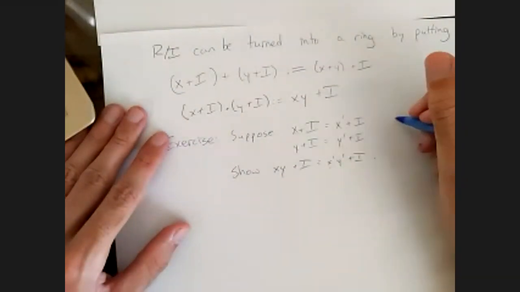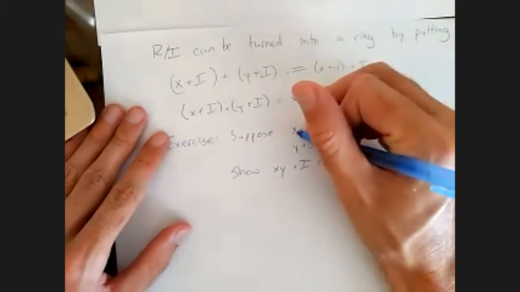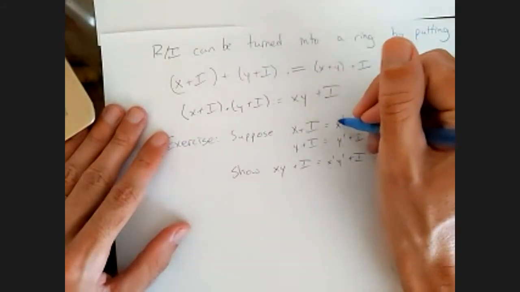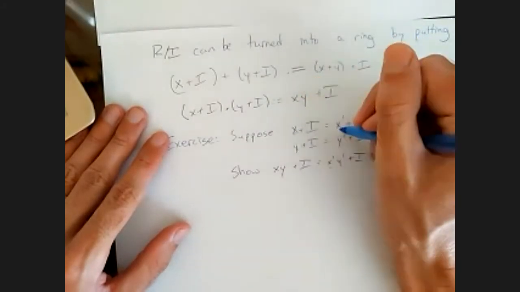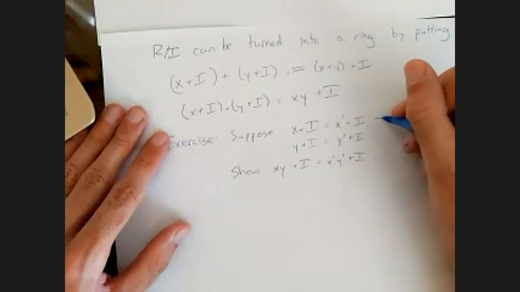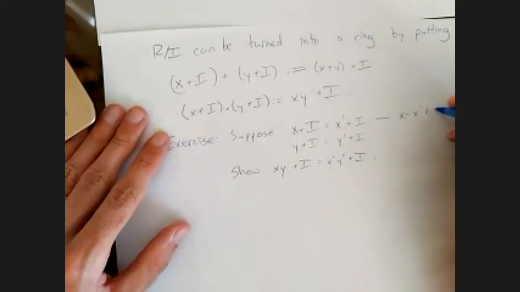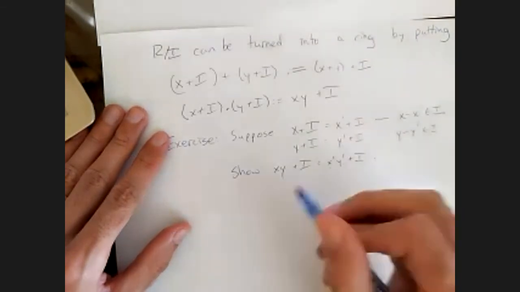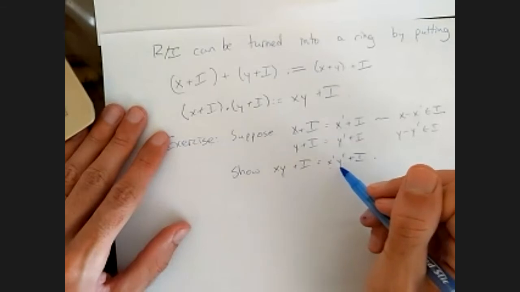First of all, saying that x and x prime are in the same coset means that x minus x prime is in the ideal. Similarly, we know that y minus y prime is in the ideal. What we want to show is that xy minus x prime y prime is in the ideal.